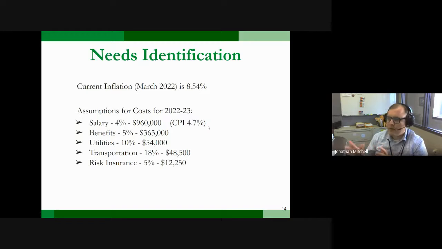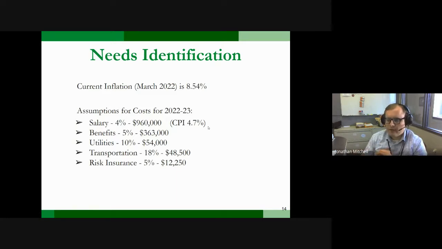So when we compare that, the assumption that we have now is slightly below that figure. So 4.7% being the inflationary figure for base wage bargaining. And that's also at a high due to inflationary numbers that have been increasing in recent months.